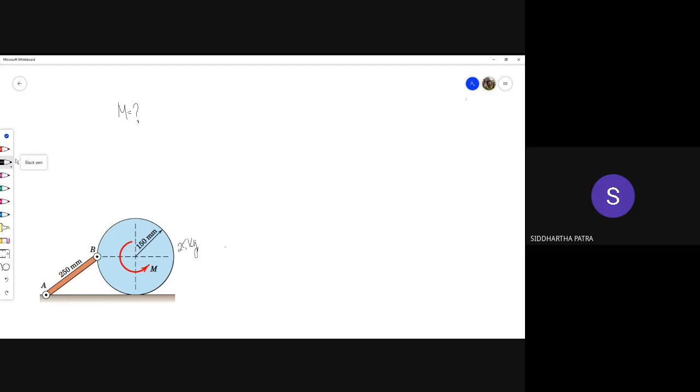So this is how we would be drawing the free body diagram of the wheel. So here is the center. Let's call it O. And the radius is 0.15 meter.